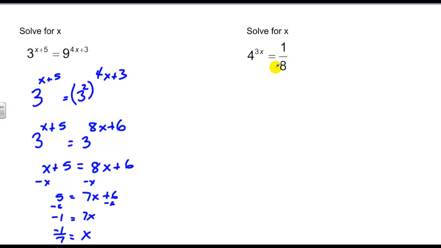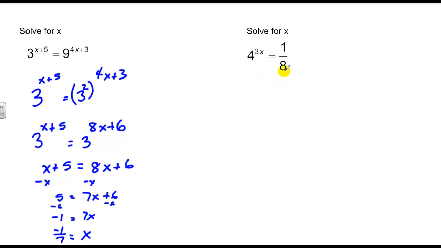On this side, once again, we see a fraction, so chances are we're going to have a negative exponent. Let's go through and do some of this. I have 4 to the 3x and 1/8. So I want to try to get 4 and 8 to have the same base.